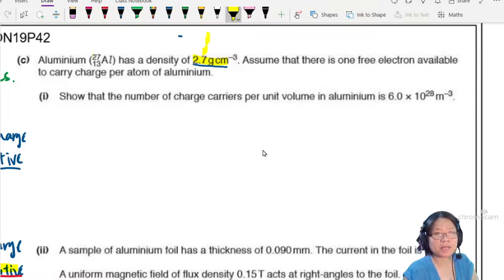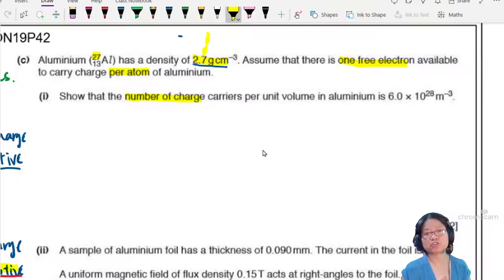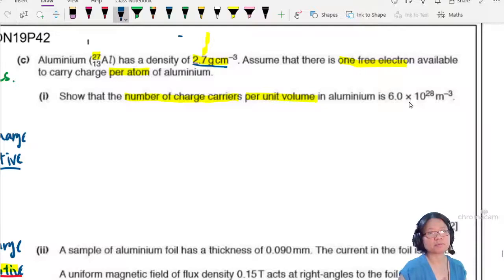This 27 means something. There is one free electron per atom of aluminium. This free electron is your charge carrier. Determine the number of charge carriers or number of free electrons per unit volume in aluminium, or show that it is this number. Let's think about what this 27 means.